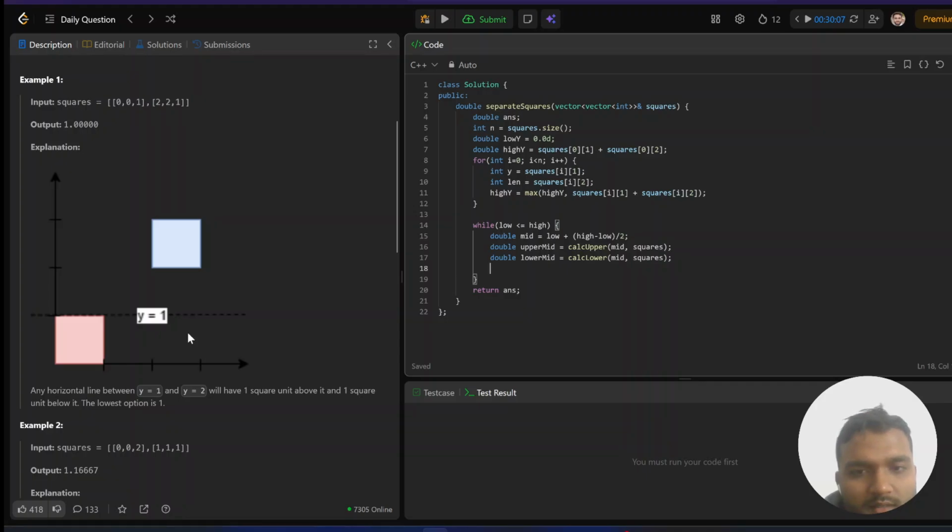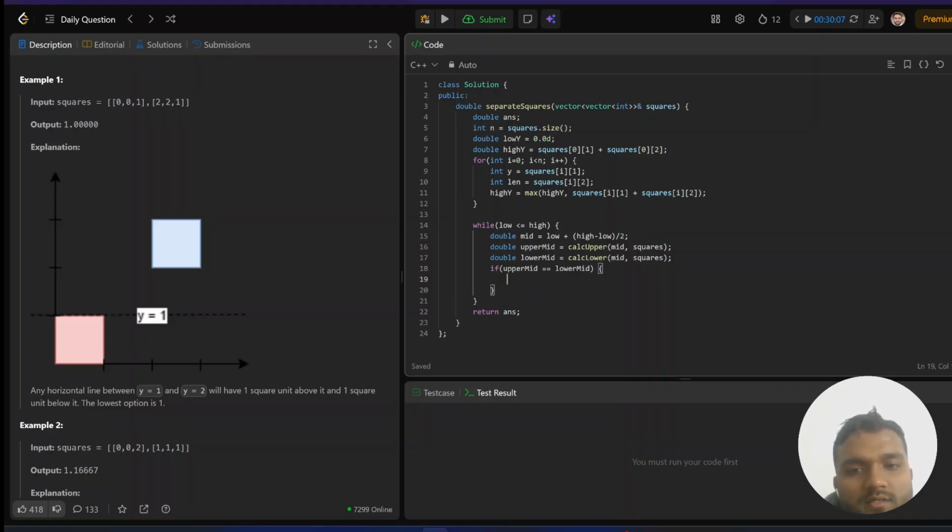Then after that, if our upper mid is greater than lower mid, wait. If our upper mid is equal to lower mid area, that means we got an answer. Think about minimum later.